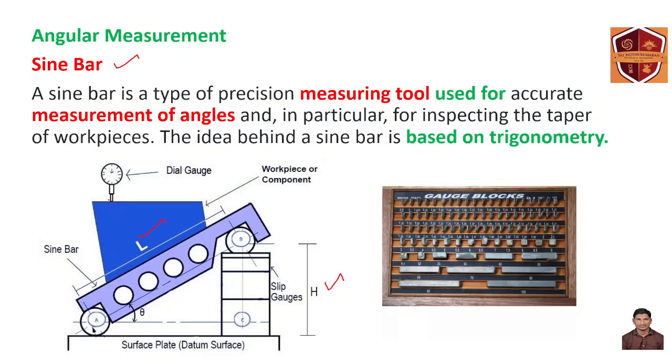If you move from this place to this place and any variation occurs in this needle, the error occurs in that part. You can add or remove slip gauges in this place.